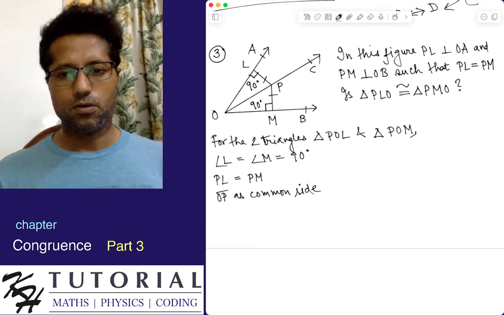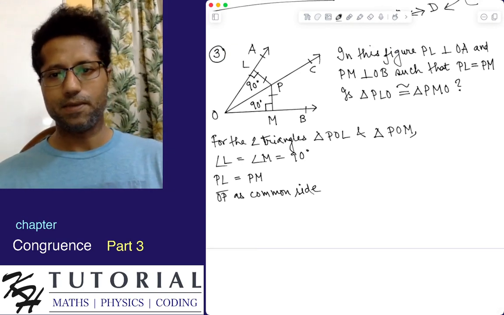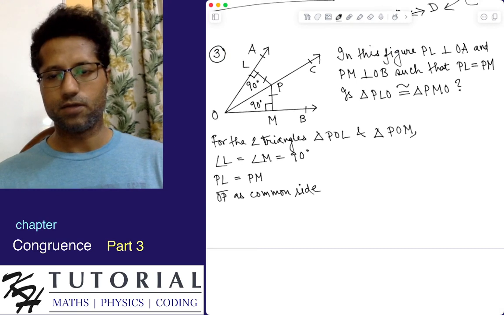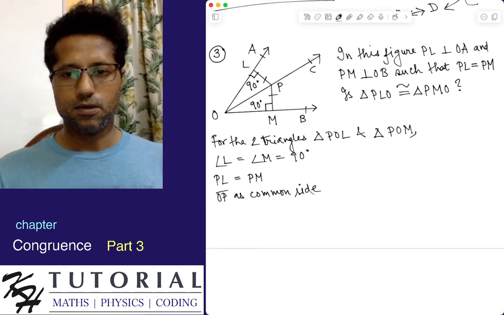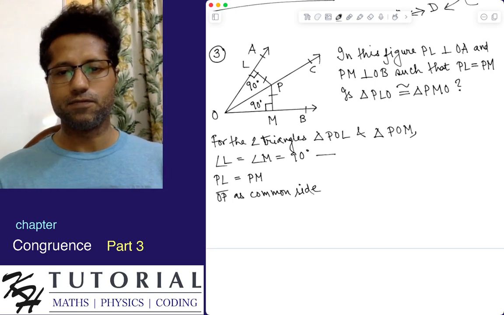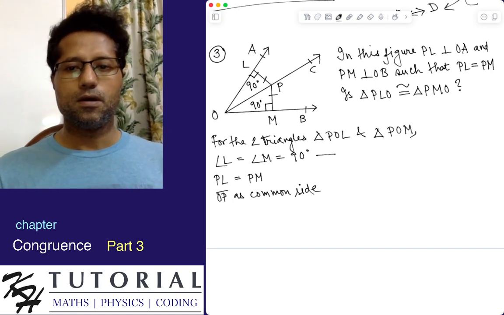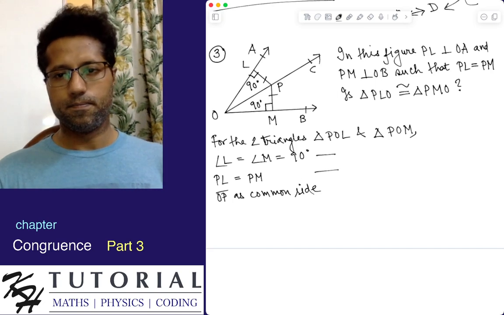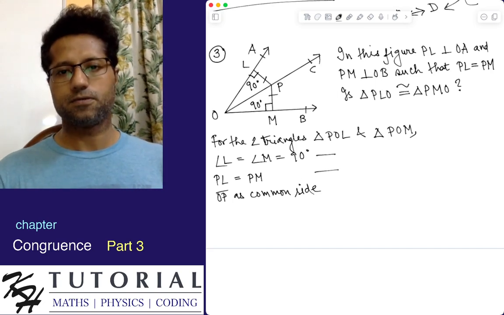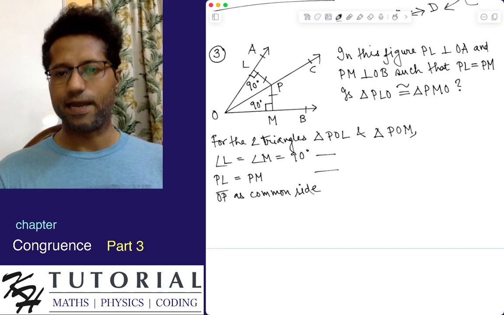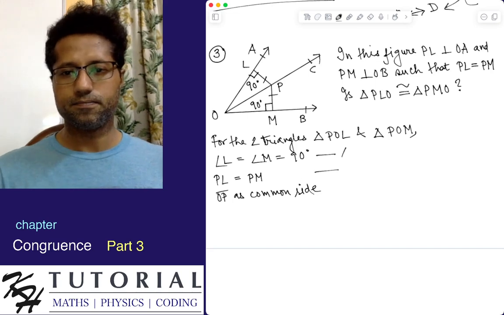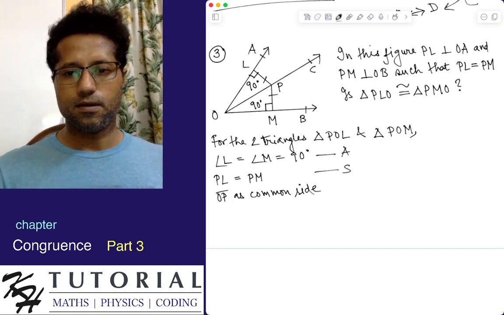Okay. So what are the matching parts? What are the three pairs of matching parts? This is one pair of matching parts, which is an angle. This is the second pair of matching parts, which is a side. So this is an angle, this is a side, and this is a side.